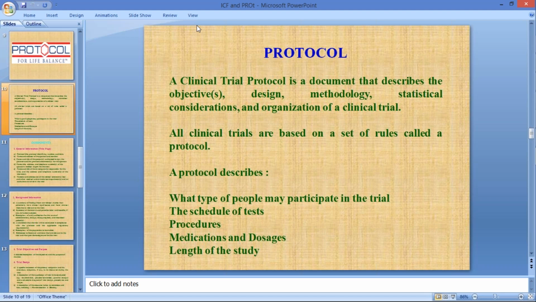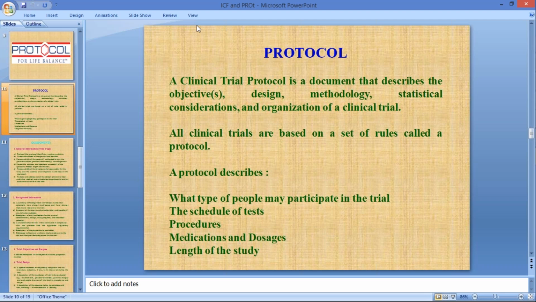A protocol is a document that describes the objective, design, methodology, statistical consideration, and organization of a trial. The complete details of the study.